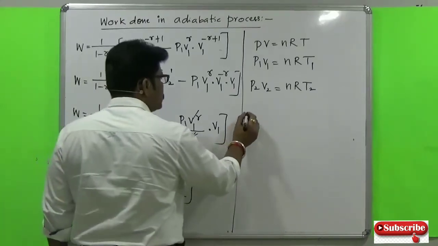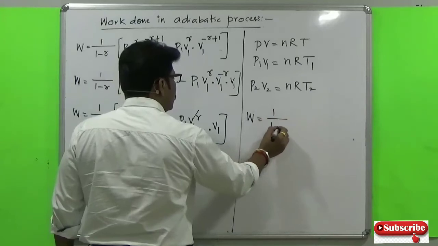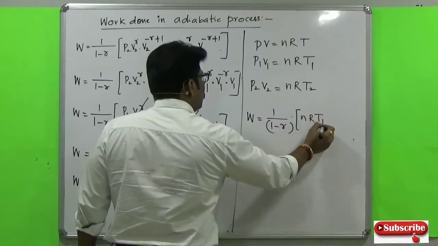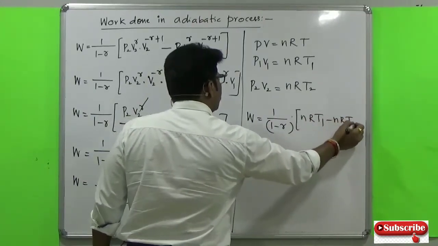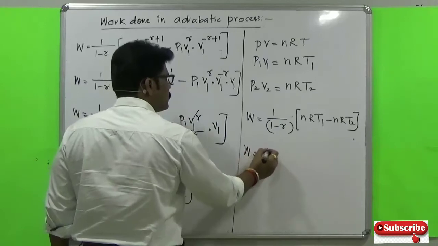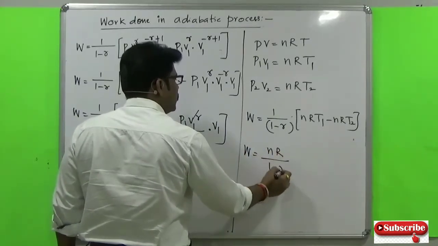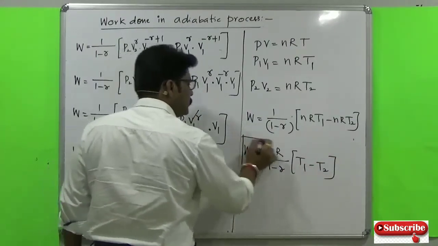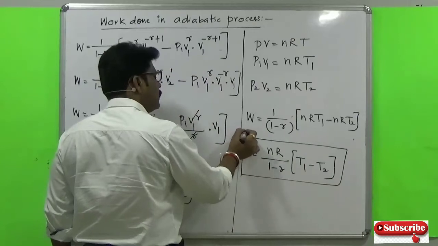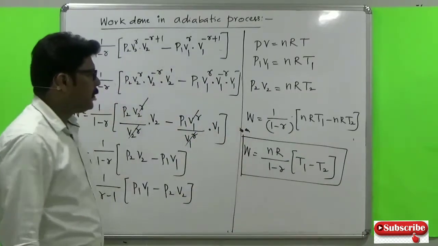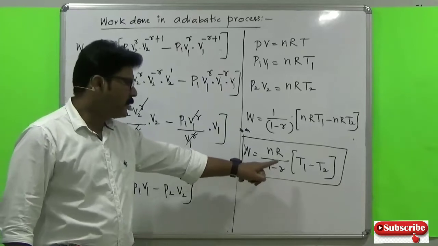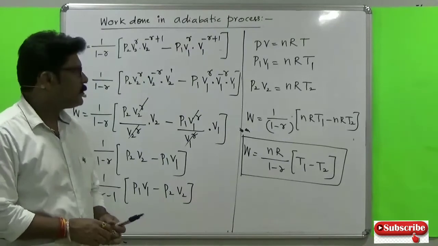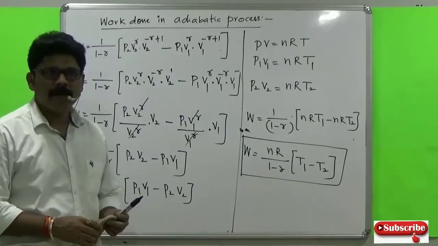Then W is equals to 1 by 1 minus gamma into nRT1 minus nRT2. और W is equals to nR को बाहर निकालो, 1 by 1 minus gamma into T1 minus T2. W is equal to nR by 1 minus gamma into T1 minus T2. Is it clear? So this is the work done in adiabatic process.